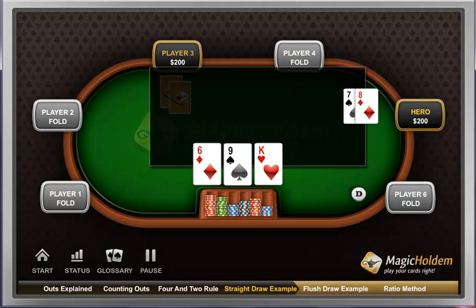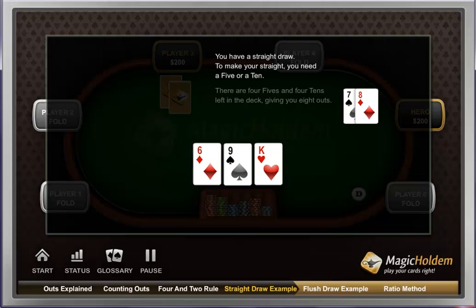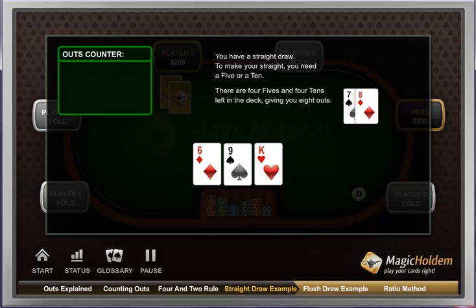Let's count your outs. You have a straight draw. To make your straight, you need a 5 or a 10. There are 4 5s and 4 10s left in the deck, giving you 8 outs.